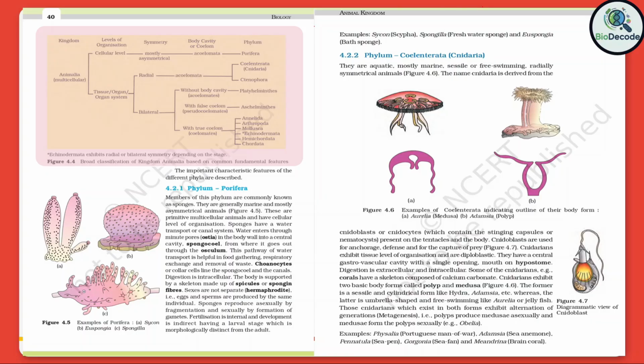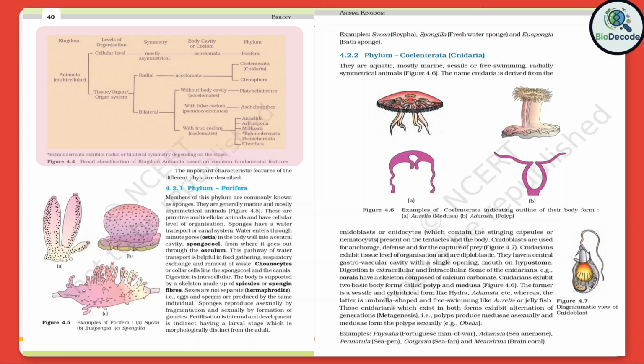This figure presents a schematic tree showing how the vast diversity of animals can be systematically grouped based on key structural and functional traits. The classification starts from basic levels like cellular and tissue organization, body symmetry, and presence of a coelom, progressing to complex traits like segmentation and notochord development.